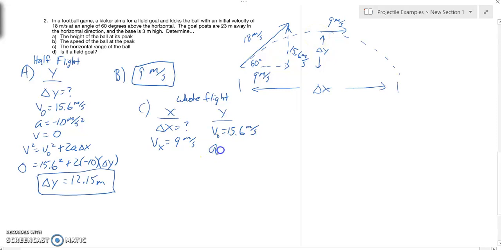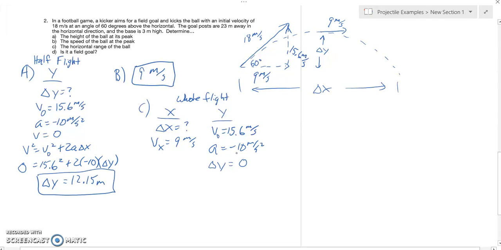All right, so we know acceleration, -10 meters per second squared. We can say the displacement in the y direction is 0. It starts on the ground, it lands on the ground. We don't care how far it went in the x direction, we're only looking in the y direction here. So as far as the y direction is concerned, displacement is 0.